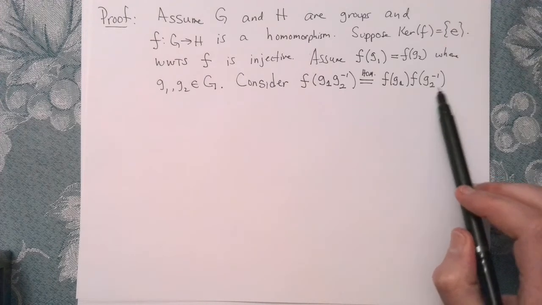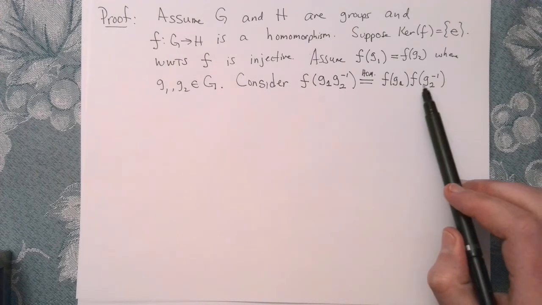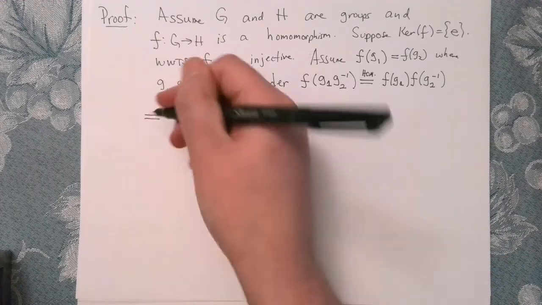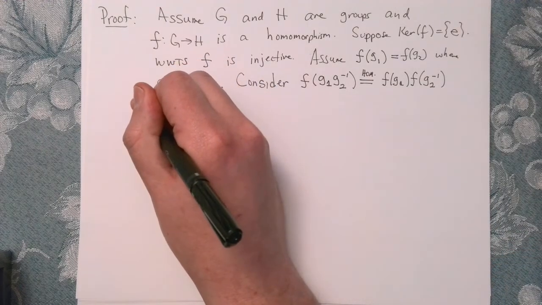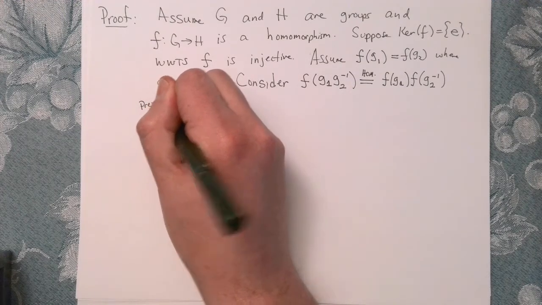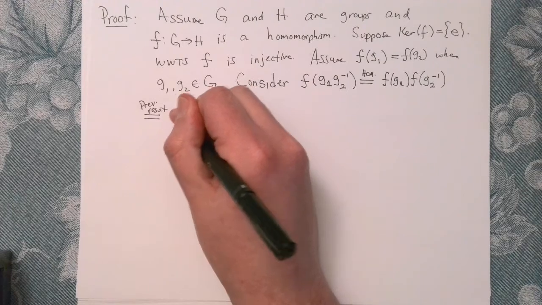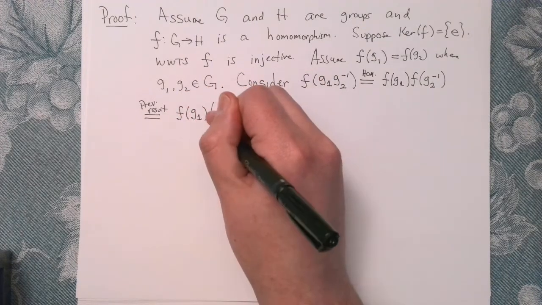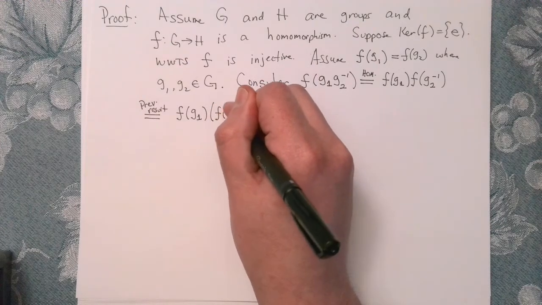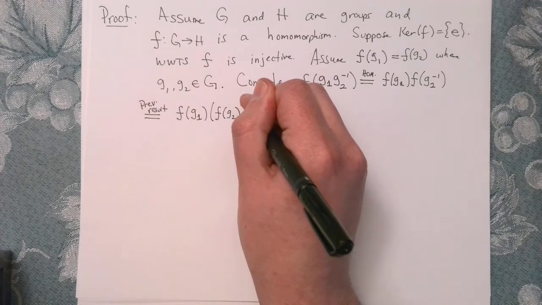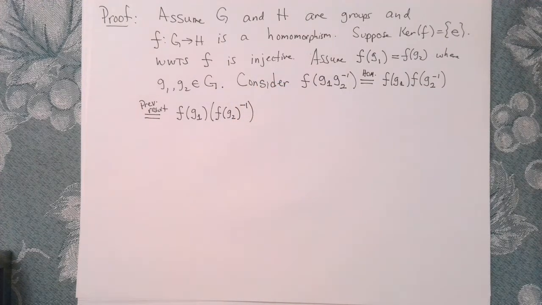So this will map to f of G2 inverse. So by previous result, this is the same thing as f of G1 times f of G2 inverse. Okay, and that's a nice property of homomorphisms.